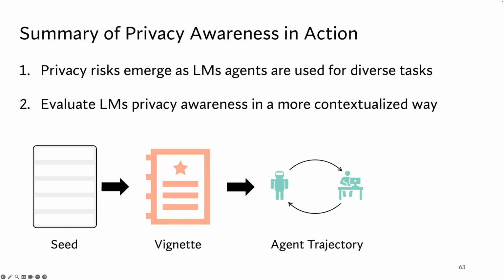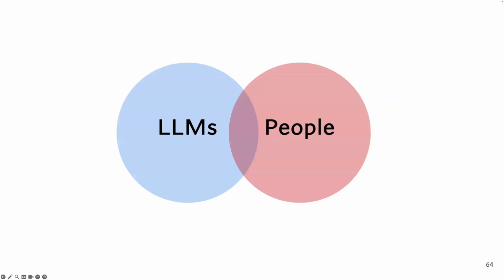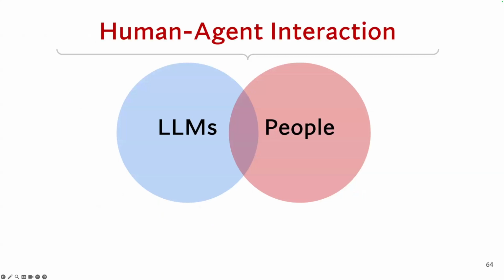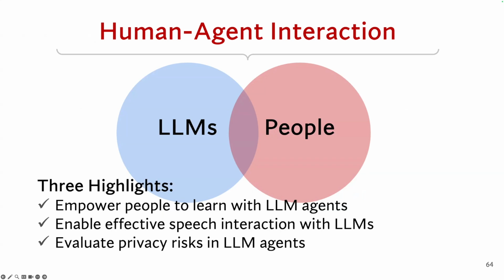To summarize this third part, I showed that privacy risk emerges as large language model agents are used for diverse tasks. And then we shared this approach of how we can evaluate a large language model's privacy awareness in a more contextualized way. To conclude this talk, I mainly shared this theme around human-agent interaction by first showing you we can actually use it to help learn with LM agents.